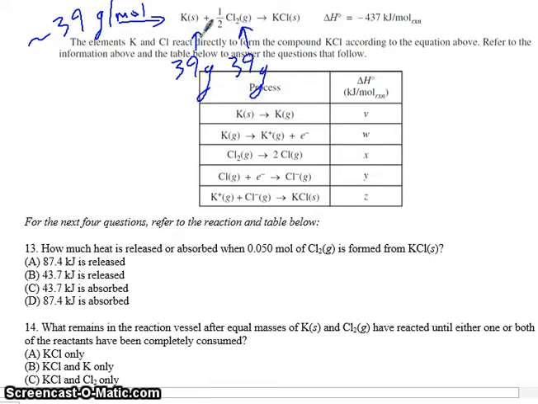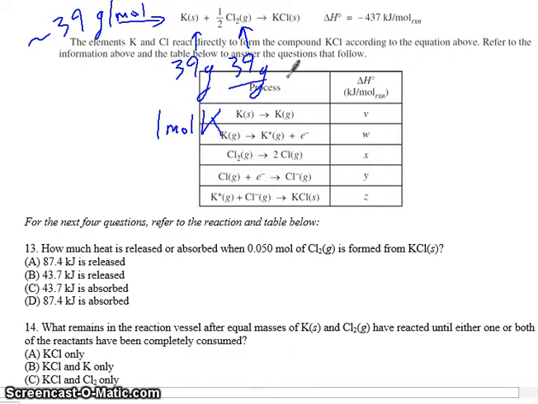The reason I chose that is because if you convert from grams to moles, you get 1 mole of K. Then we'll have to convert from 39 grams to moles of chlorine.